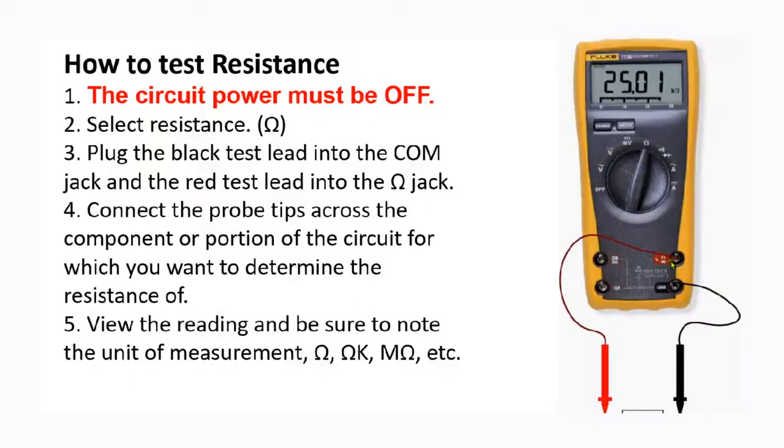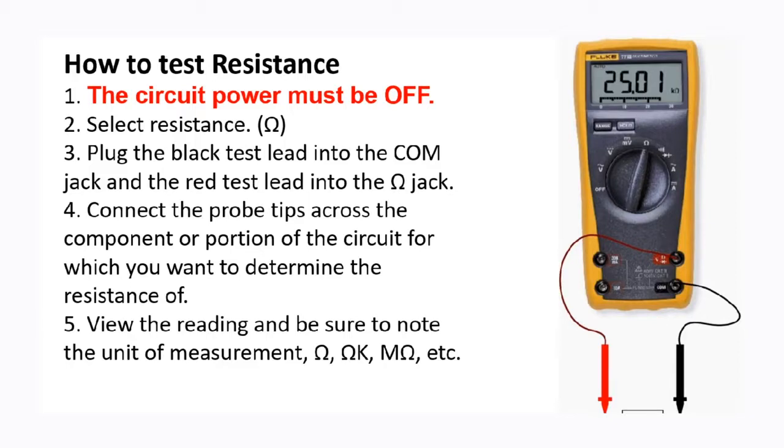You can never do a resistance test on a live circuit. Plug the black test lead onto the common port and plug the red test lead onto the Ohms terminal. Remember, whenever we are testing for resistance, we are testing in parallel. Please, students, ensure that you do that. Test for resistance, test in parallel.